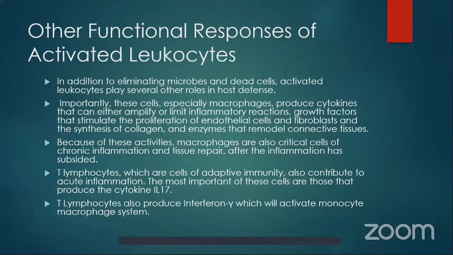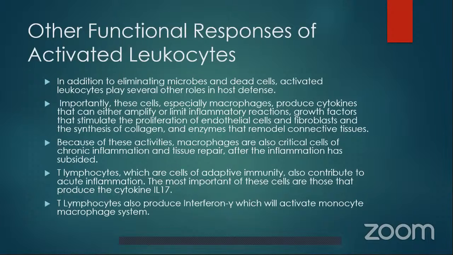Now, all this while we spoke mainly about neutrophils, monocytes and macrophages as being the cells in acute inflammation to get rid of the offending agent, or phagocytosis. Recent theories have postulated that T lymphocytes, which are the cells of adaptive immunity, also contribute to acute inflammation.